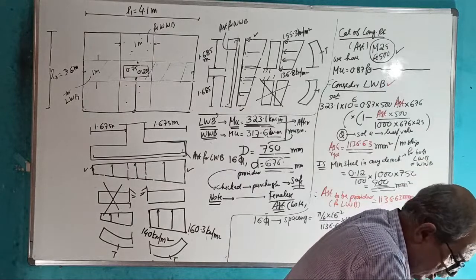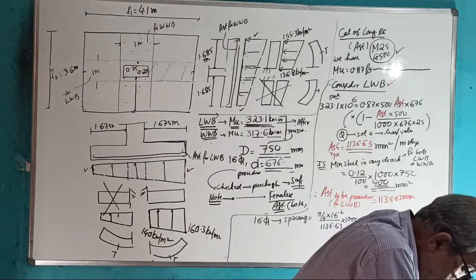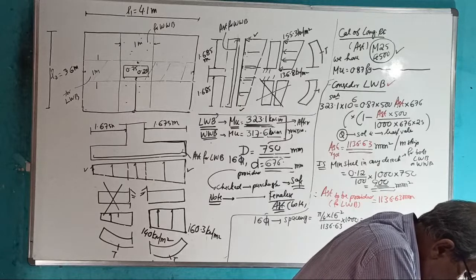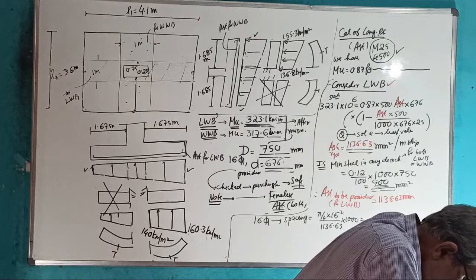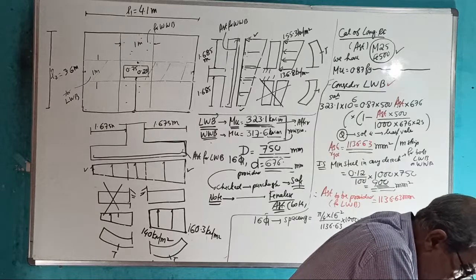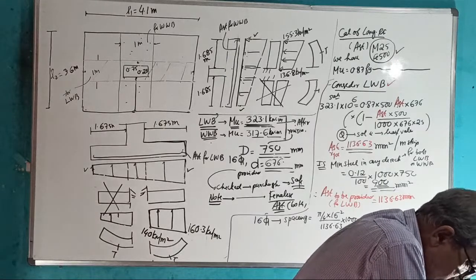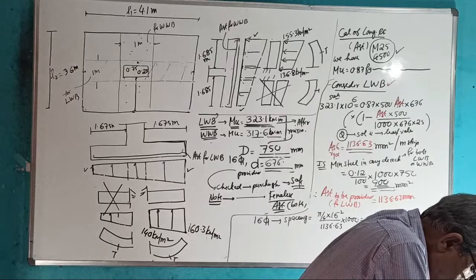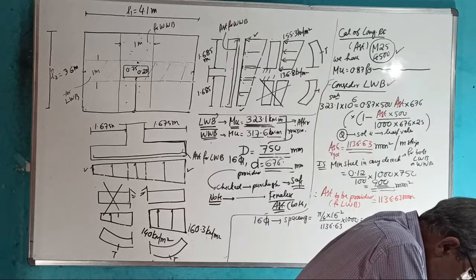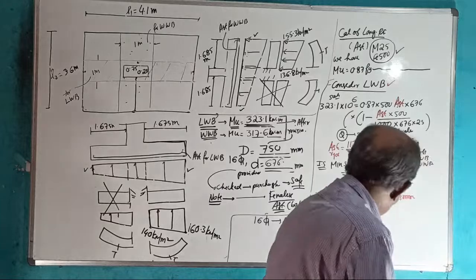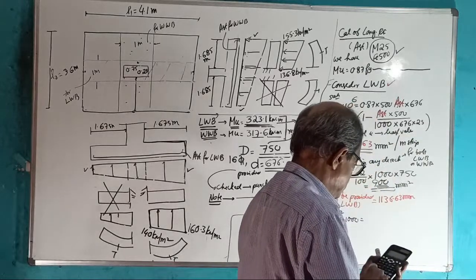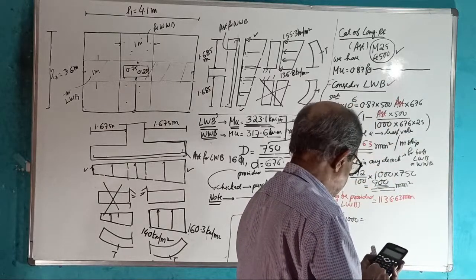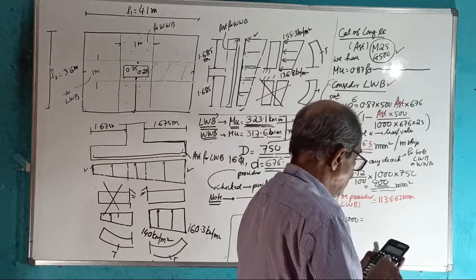Spacing for 16 torr. 176. I am getting a doubt. Calculate now.